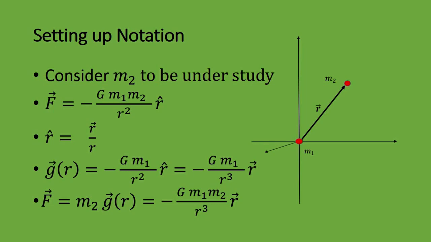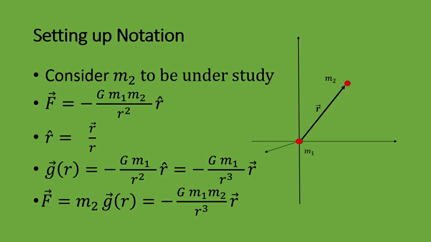Now, r unit vector has the same direction as r vector, and another thing to note is that the unit vector r is dimensionless because r vector has the units of length and the denominator also has units of length. So in general, all unit vectors are dimensionless.